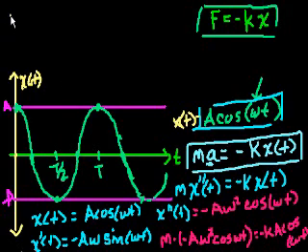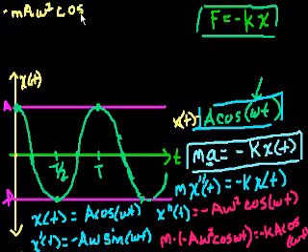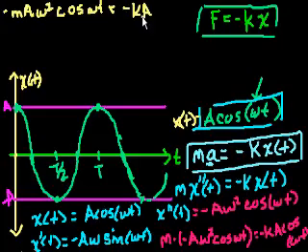So if I rewrite there, I get minus m a omega squared cosine of omega t is equal to minus k a cosine of omega t.